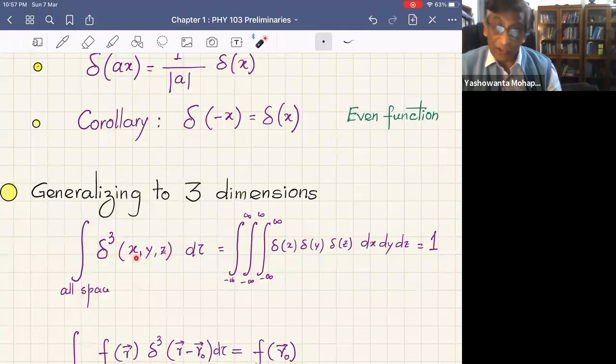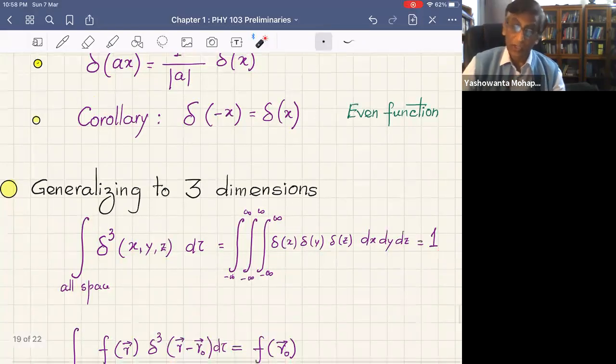There is a delta function at some point x naught, y naught, z naught, or for example, in this case, it is just sitting at 0. If there is a delta function sitting at 0, which is x minus 0, y minus 0, z minus 0, dx dy dz integrated over all space, that should give you 1. That's the definition. And of course at 0, 0, 0, this function is going to infinity, but integrated over the origin, it is 1.